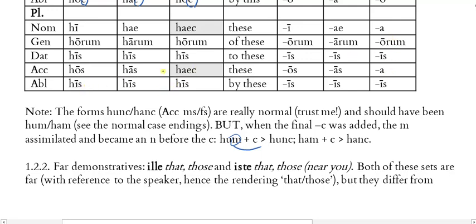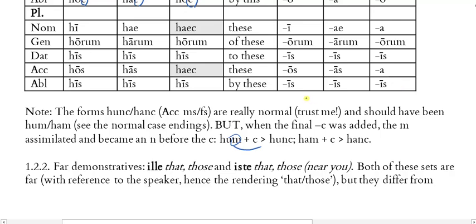And then that's these as like an object. I love these. And then ablative. His, his. Again, is are my forms in normal case endings as well. So there's a match here.